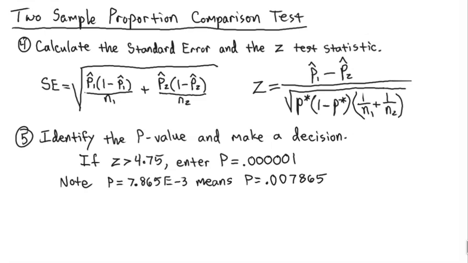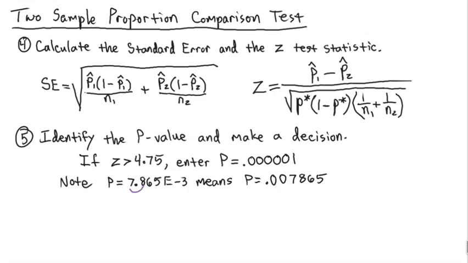Another problem with technology is they'll tell you that p is equal to this crazy looking thing. It'll have this e-3 thing on the end. All this e-3 thing means is move the decimal point over 3 places. 1, 2, 3. And then you'll put zeros in the places. So you wind up with 0.00, then the 7, then the 865.